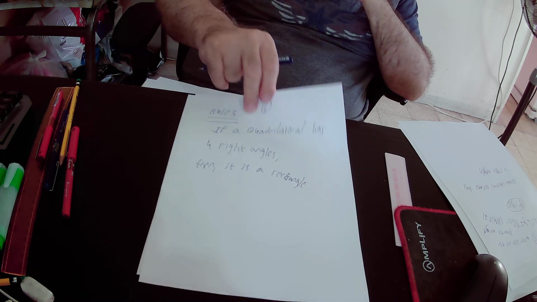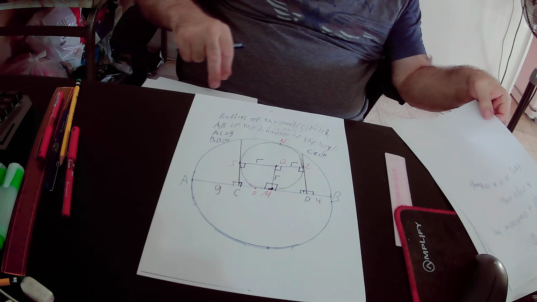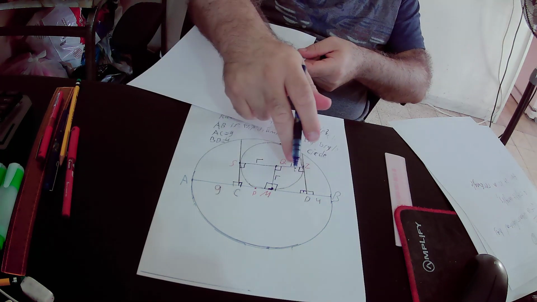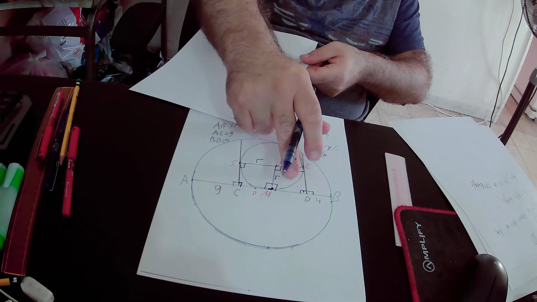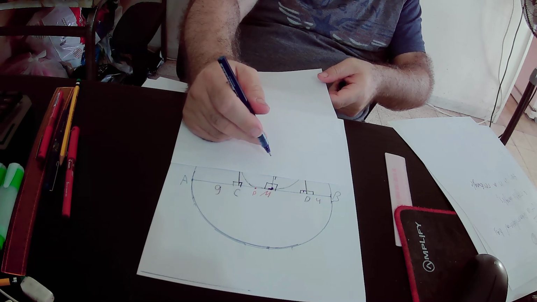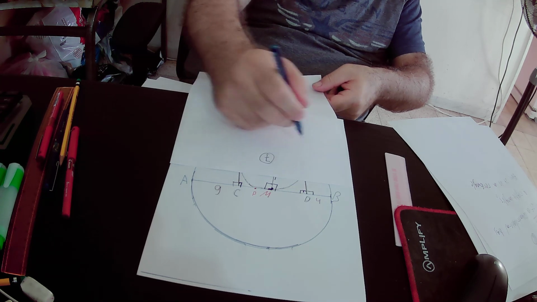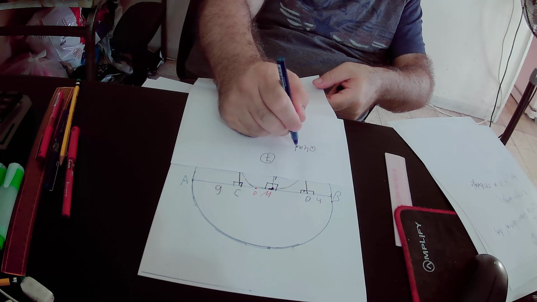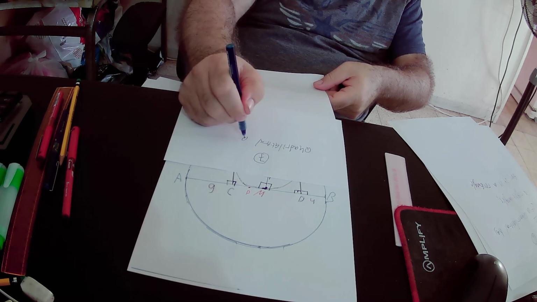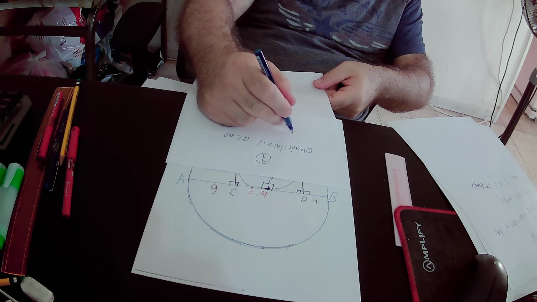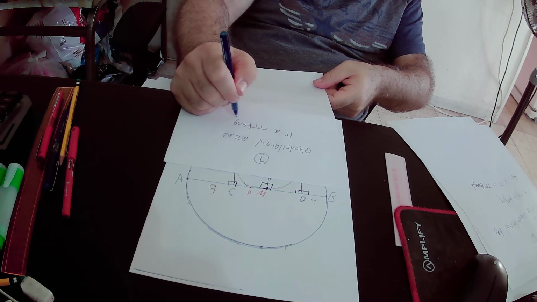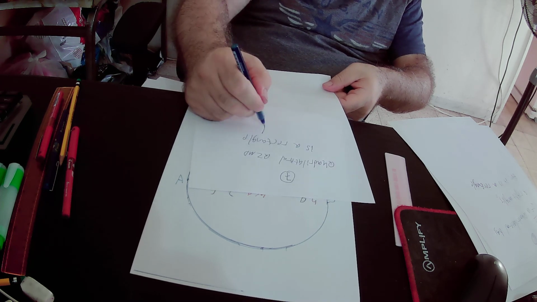So, according to rule number 3, quadrilateral QZMD is a rectangle because it has 4 right angles. Okay, quadrilateral QZMD is a rectangle according to rule number 3.